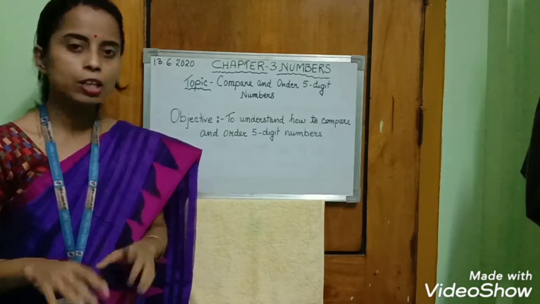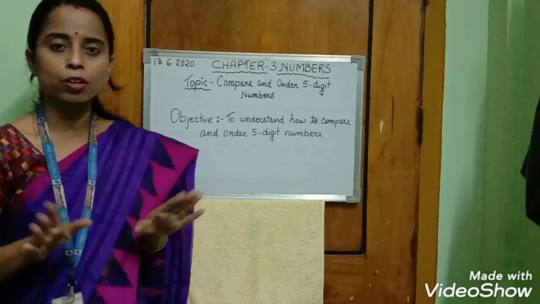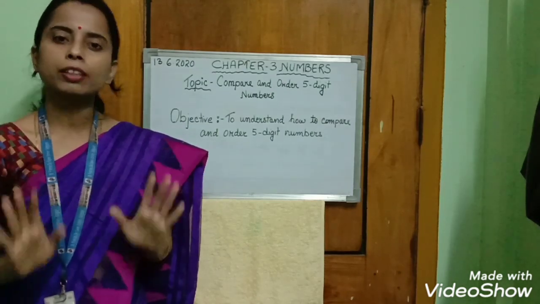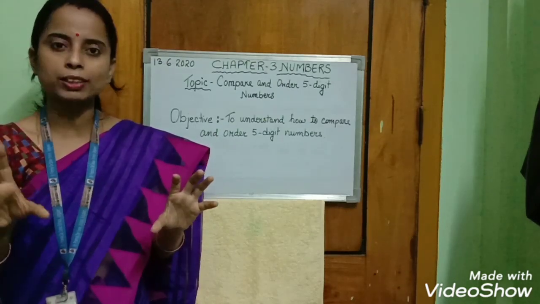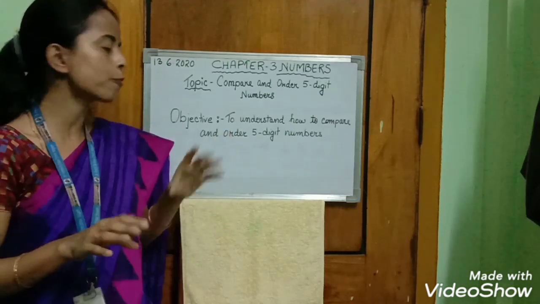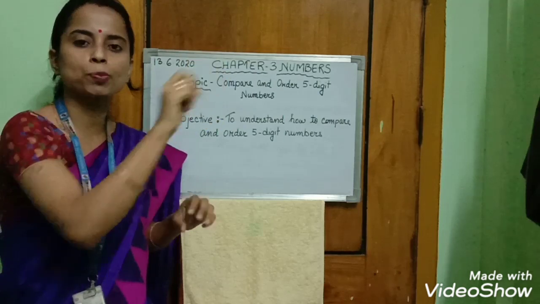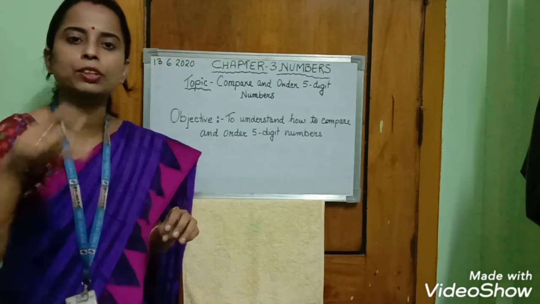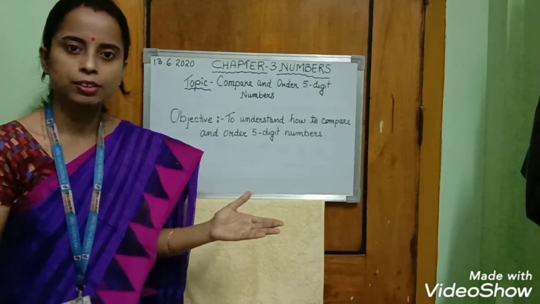Another topic we are going to learn is comparing and ordering 5-digit numbers. Comparing means we will compare which one is greater, which one is smaller. And ordering 5-digit numbers means arranging the large numbers from smallest to biggest and from biggest to smallest. That is what we are going to learn in today's class.